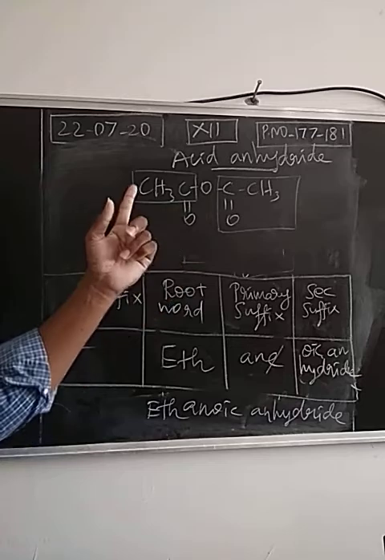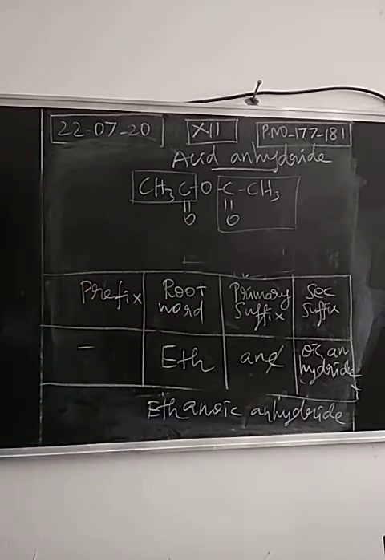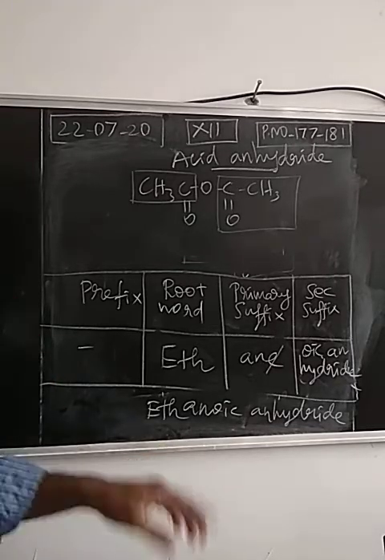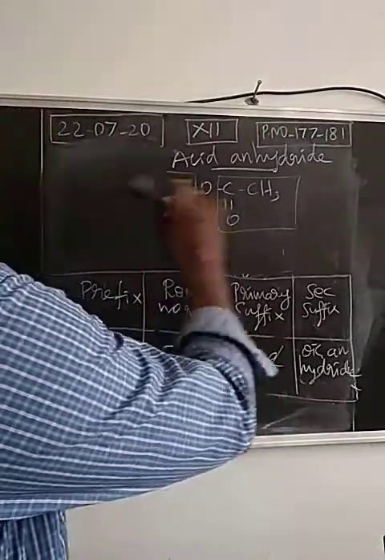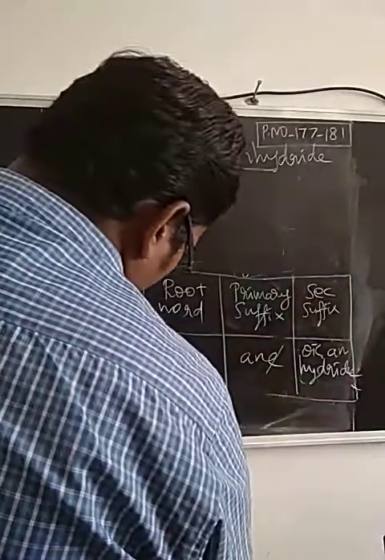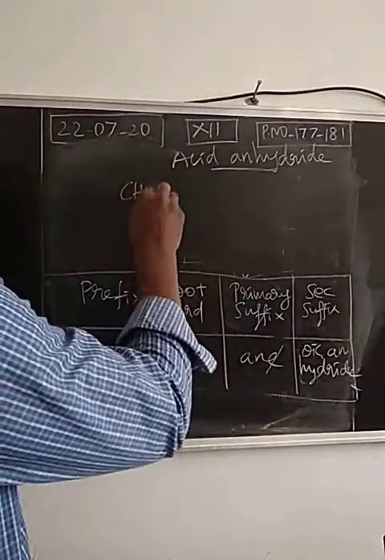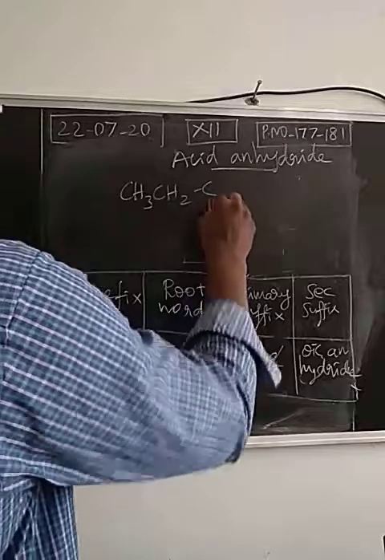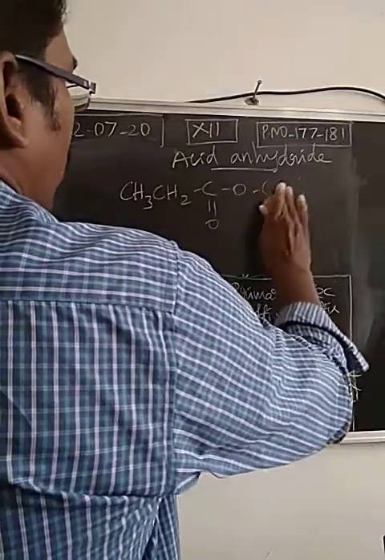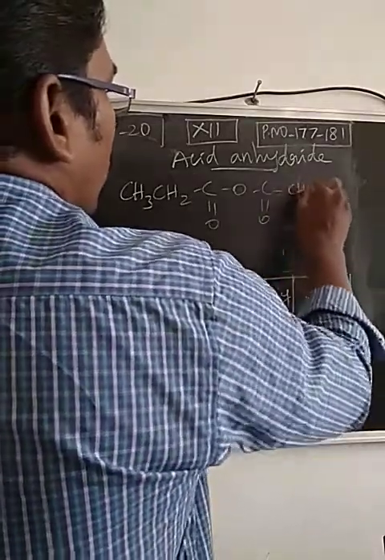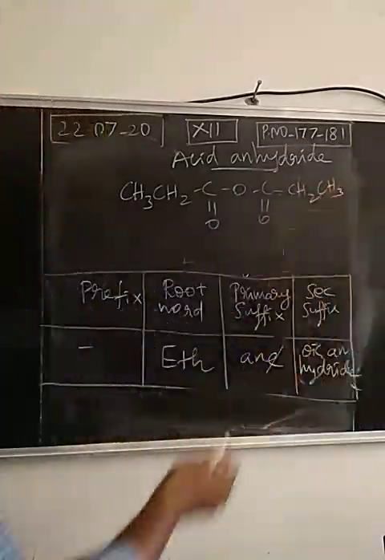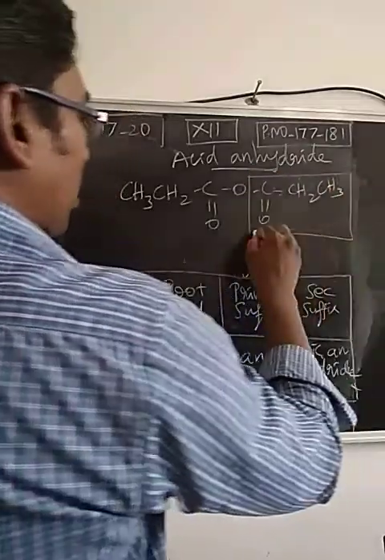Acetic anhydride is the simplest member. Root word eth due to two carbon atoms. Only single bond present between the carbon atoms, so ane. Secondary suffix oic anhydride. So this is ethanoic anhydride. As we told, take this as anhydride.